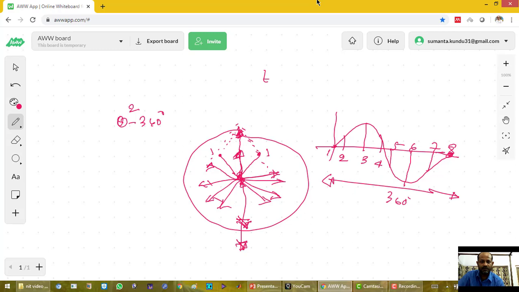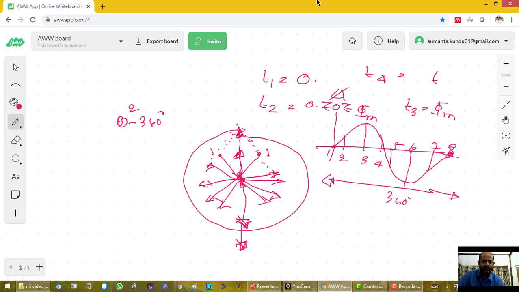In T1 it is 0, in T2, if we use the parallelogram law, it becomes 0.707 m. T3 it is m. T4 it is again similar to T2, then again it is 0.